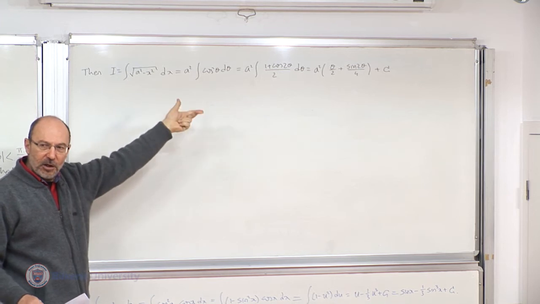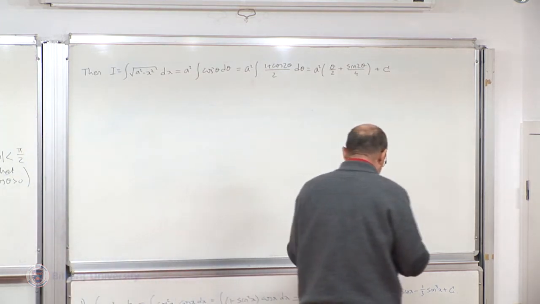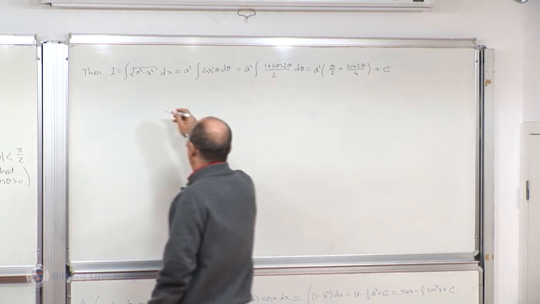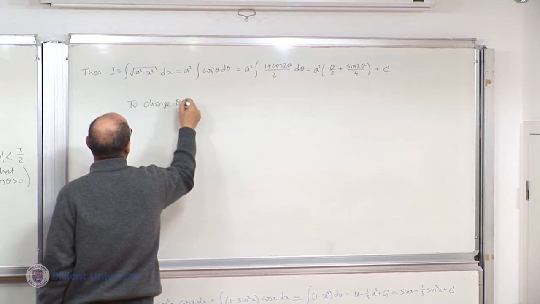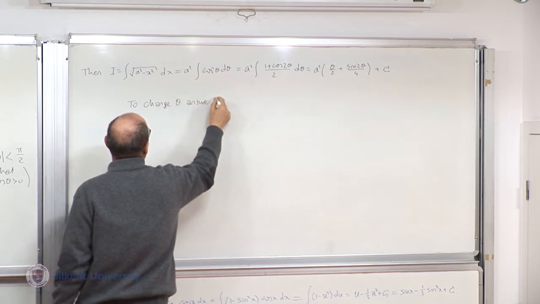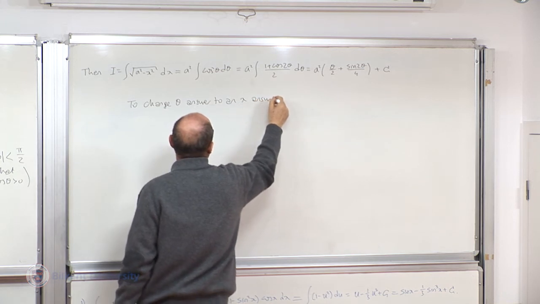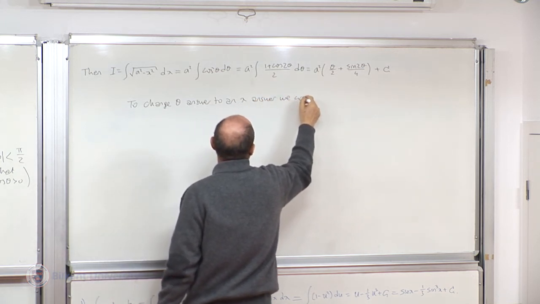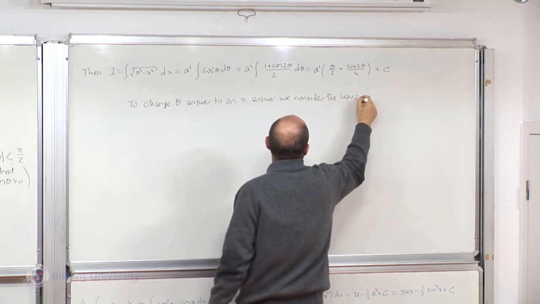So we have to now change the thetas into x. For this, we do the usual thing. We construct, okay, so to change theta answer to an x answer, we consider the usual right triangle.